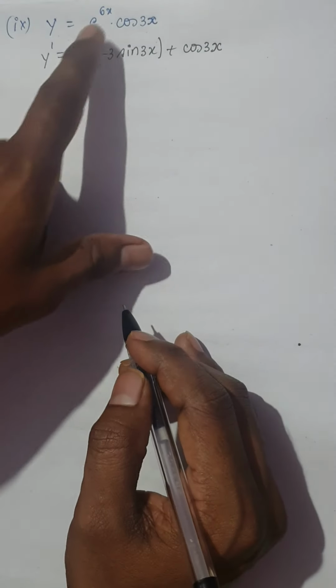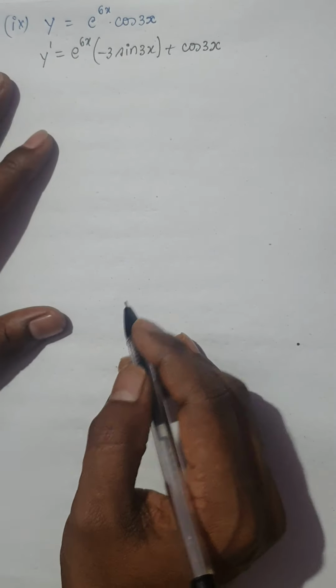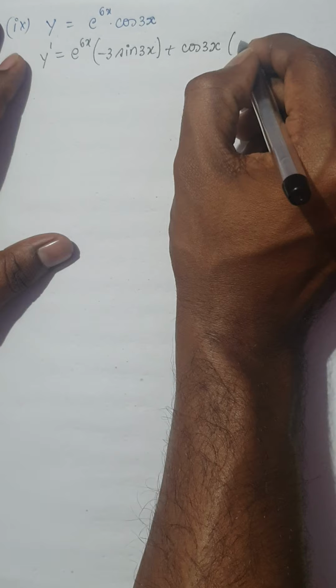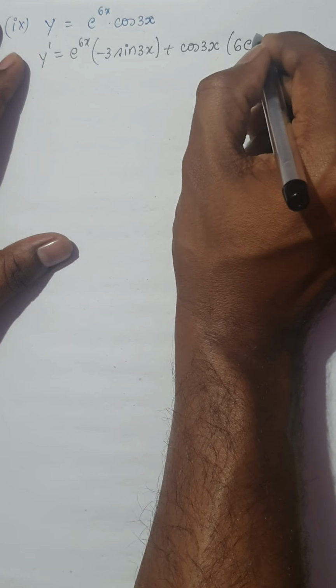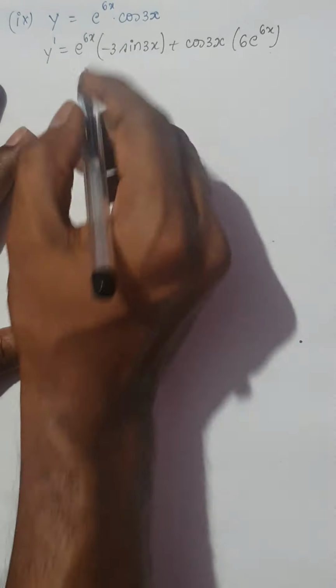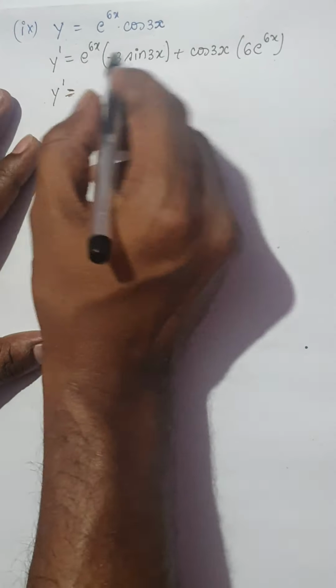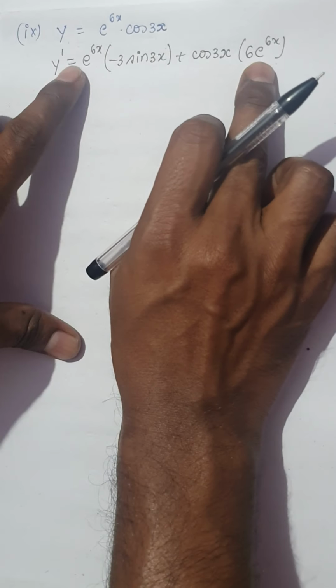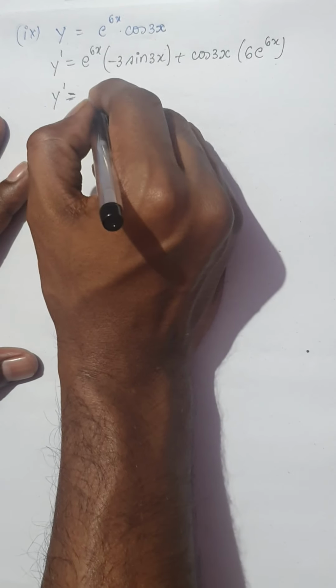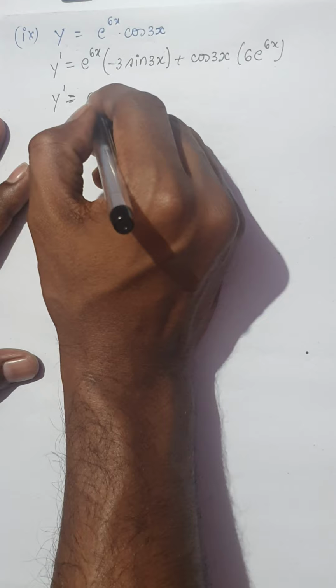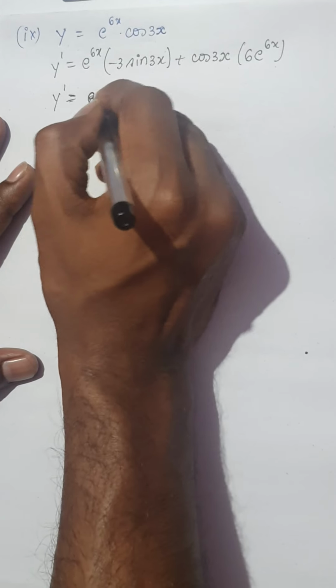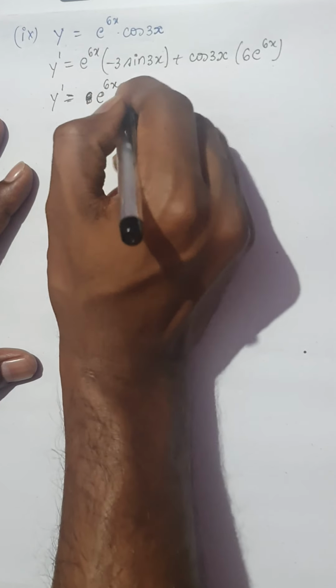Okay. And what is the derivative of e power 6x? So the derivative of e power 6x is 6 into e power 6x, isn't it? So for our simplification, the first order derivative y dash is nothing but, in both the terms I have e power 6x, let me keep it outside.